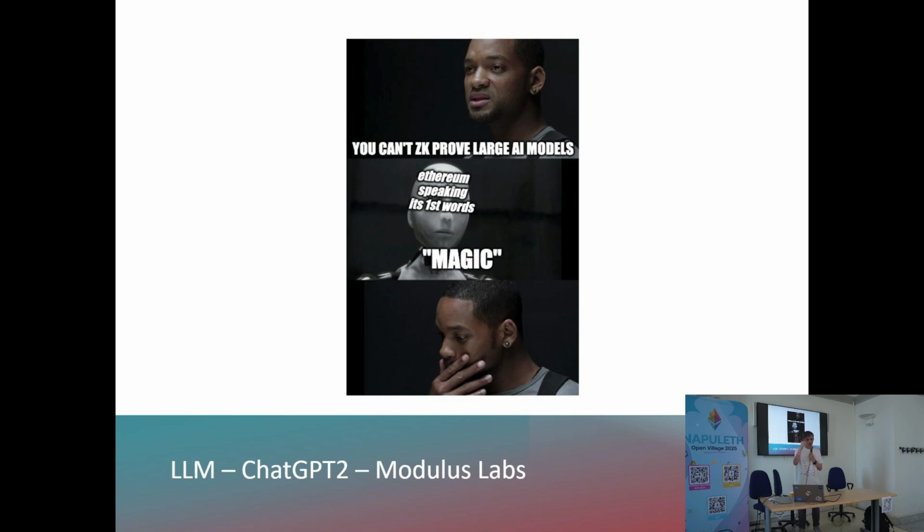So they took a prompt, put it through ChatGPT-2, and got the output, and they also created a proof that that had been done correctly. Now, that sounds great, and it is good. It was a milestone, and it's useful that that's happened. The small print, though, is that the setup for the zk side took 90 hours to do, and the proof also took 90 hours to do.